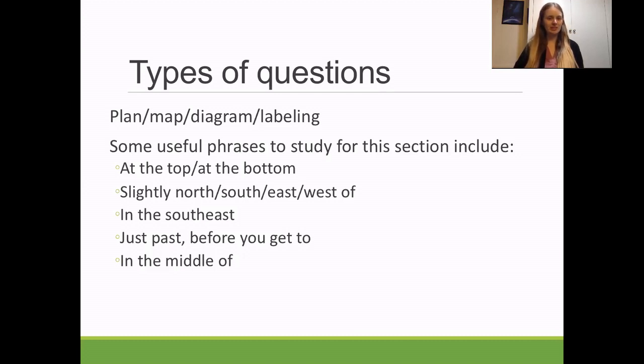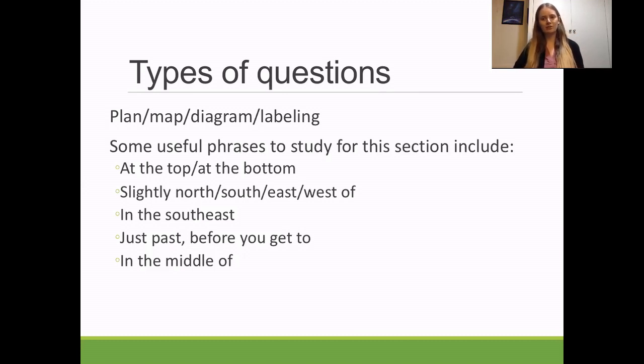So some examples are at the top, at the bottom, of course, at the left or to the right, on the left, slightly north or south or east or west of something. So just north from something else is basically what they're saying there with north of this.